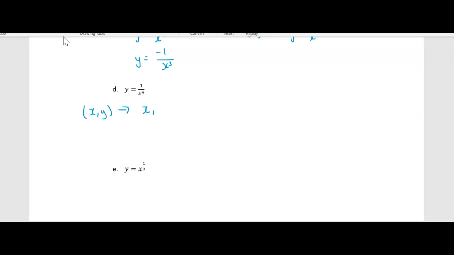All right, so we'll do a reflection in the x-axis first. So your x's don't change, and the y. Okay, so we're going to have negative y equals 1 over x to the power of 4. And then we'll do a reflection in the y-axis.